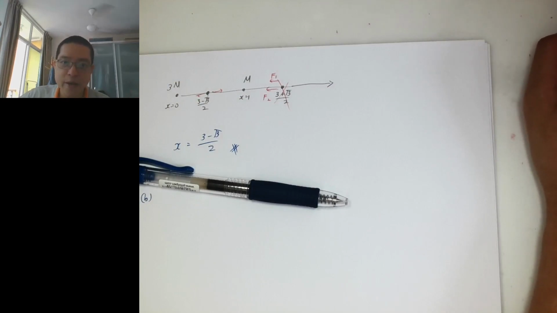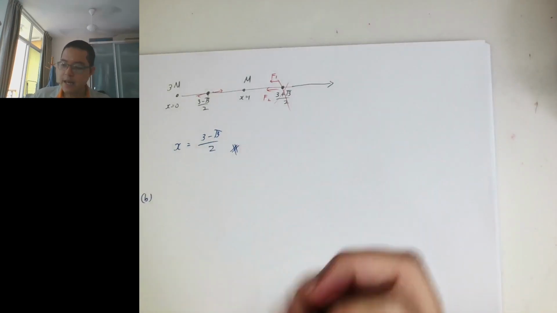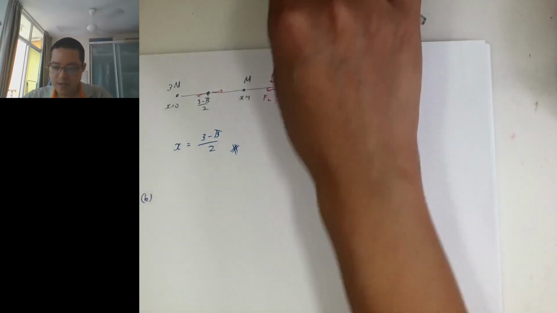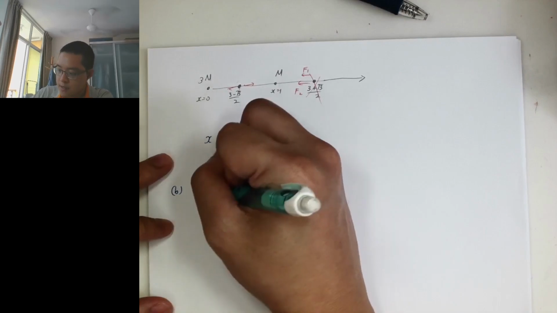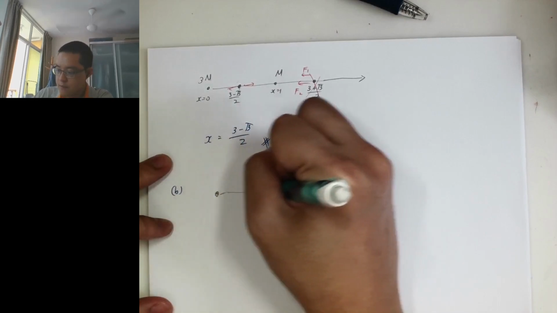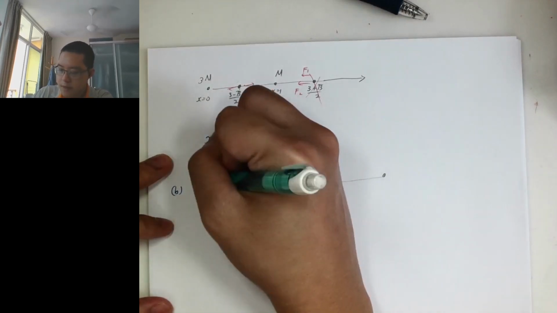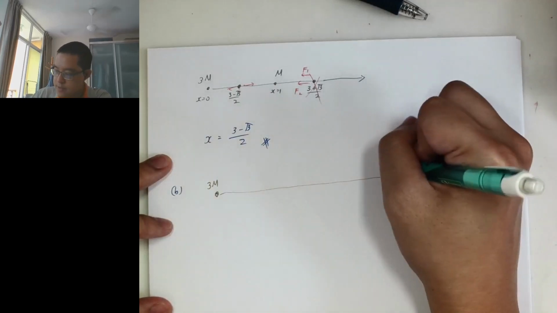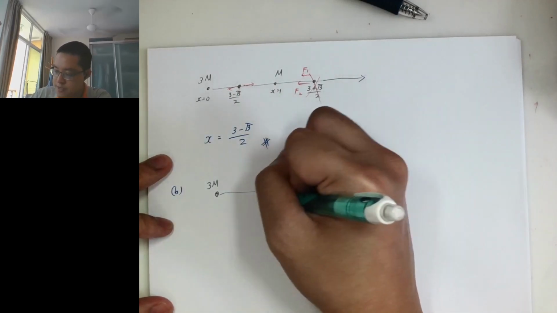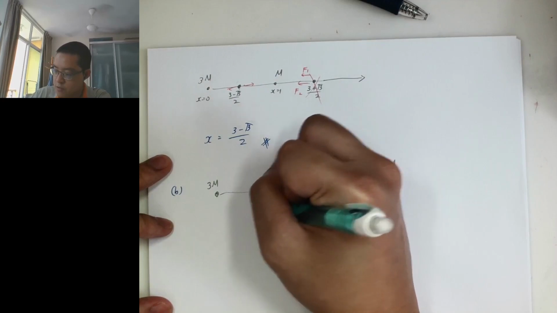Then the last thing to talk about is, I guess good news for you guys, this one has no math. We can answer the question by thinking of this: is the equilibrium at this point stable or unstable along the line connecting M and 2M? So what this question is trying to say is, 3M and then single M, and then I put this at 3 minus root 3 over 2.